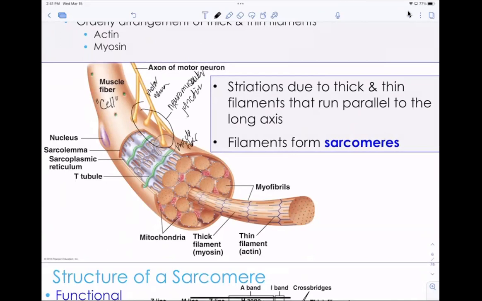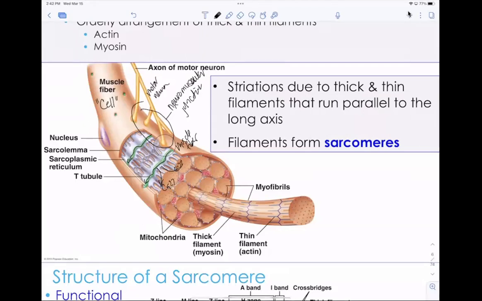And that's going to start generating an action potential that then goes through the T-tubules, and everywhere that electrical impulse passes, it's going to open voltage-gated calcium channels so calcium can leave the sarcoplasmic reticulum and go out into the sarcoplasm surrounding the myofibrils.